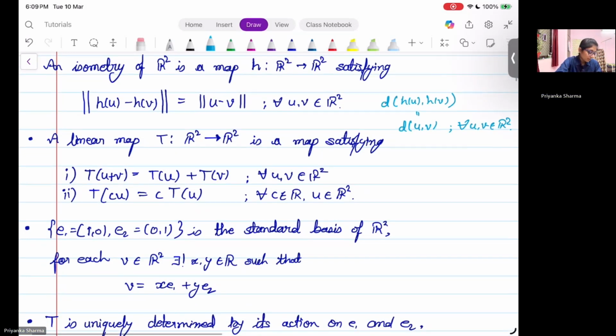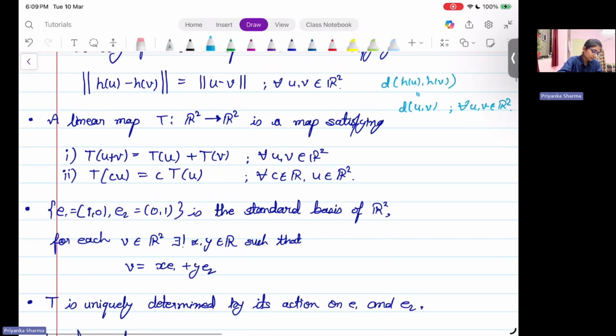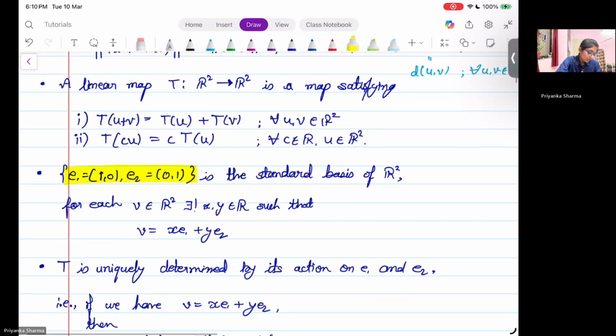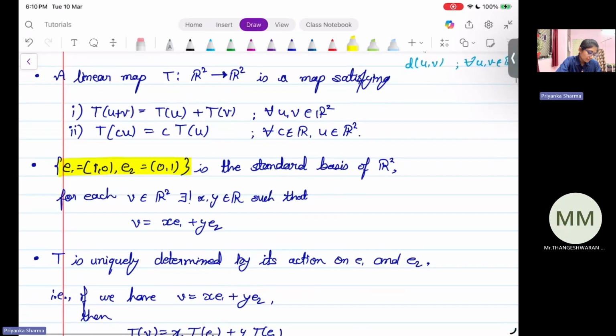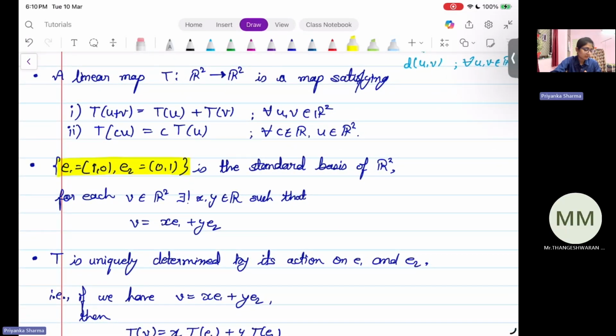Now, e1 and e2 is the notation for the standard basis of R square. Here we take e1 as (1, 0) and e2 as (0, 1). What is a basis in R square? It is a collection of two elements of R square which are linearly independent and span every element of R square.